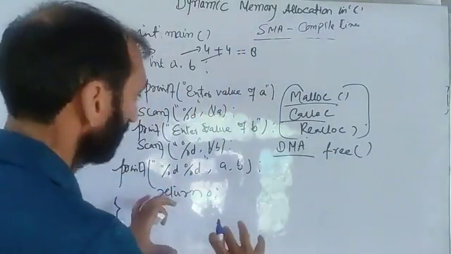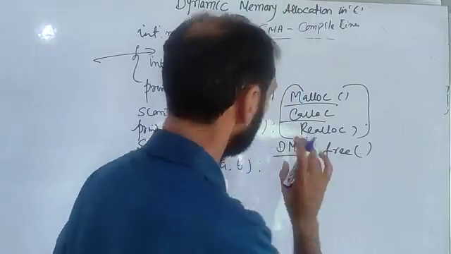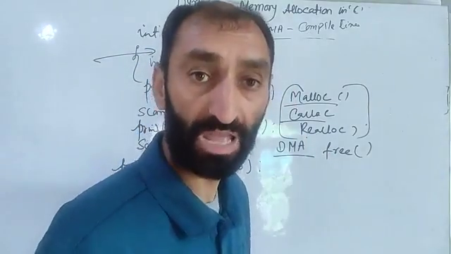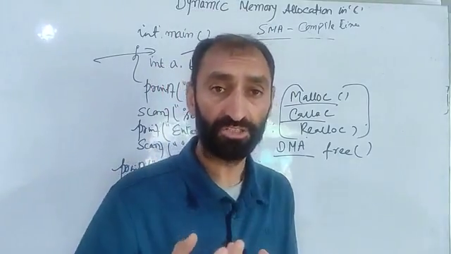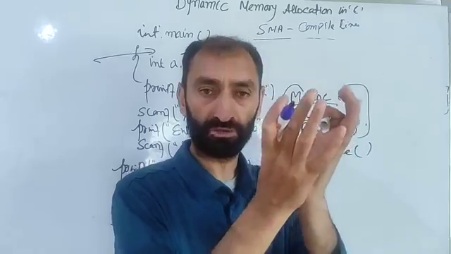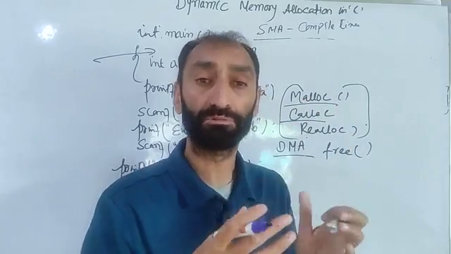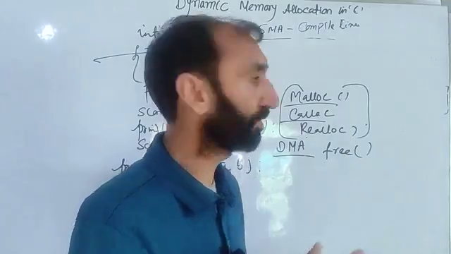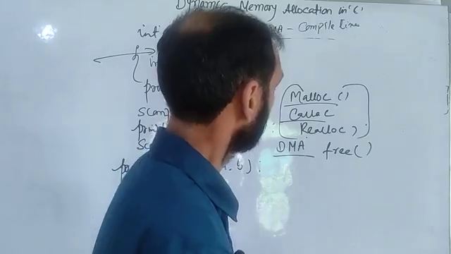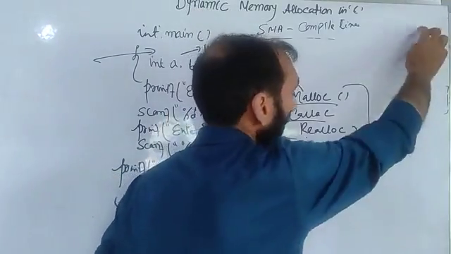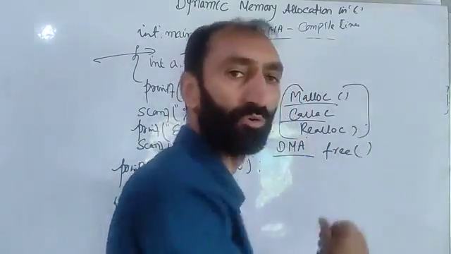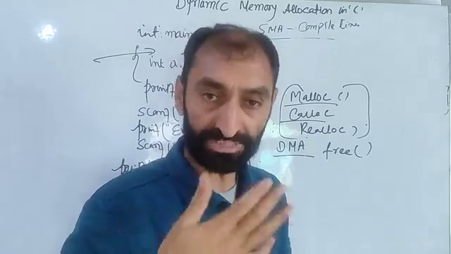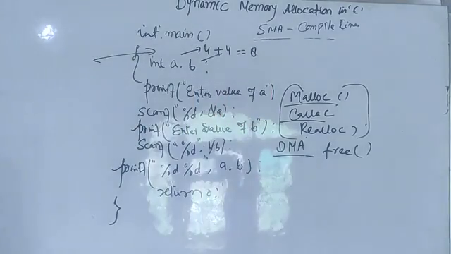In today's video, before telling more about dynamic memory allocation, we must know how the memory is going to be allocated to the program, what the structure of the memory is, in other words, what the layout of the memory is.